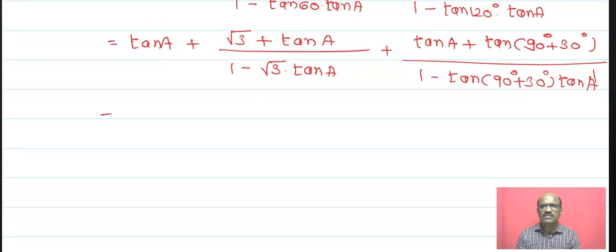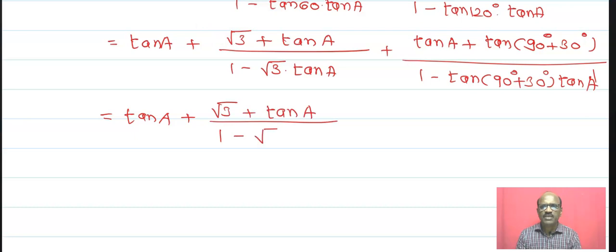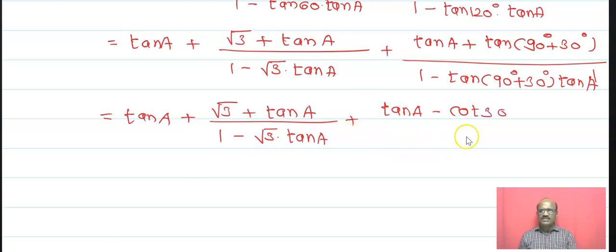Therefore, tan a plus √3 plus tan a upon 1 minus √3 into tan a plus tan of 90 plus theta, means it is minus cot of theta because it goes in second quadrant. In second quadrant, tan is negative, and here it is minus cot of 30, and 1 minus cot of 30 into tan a.